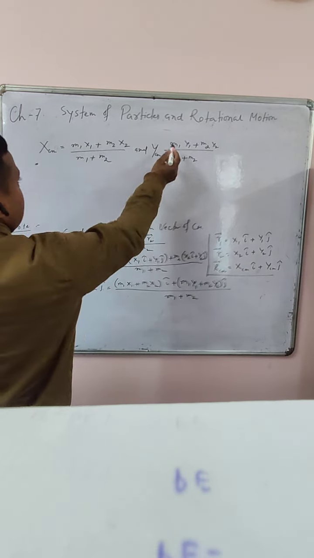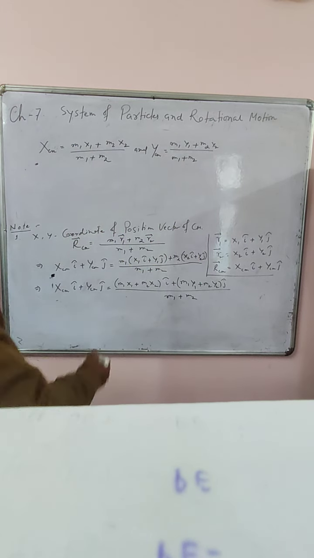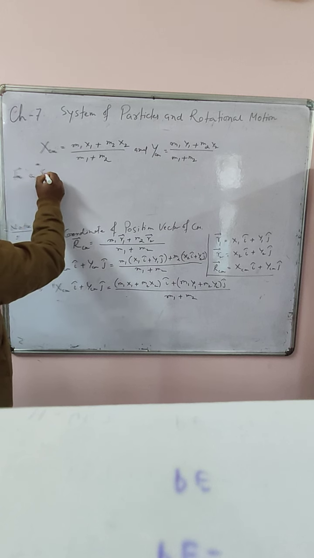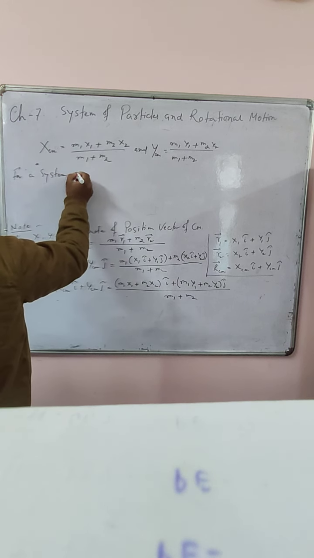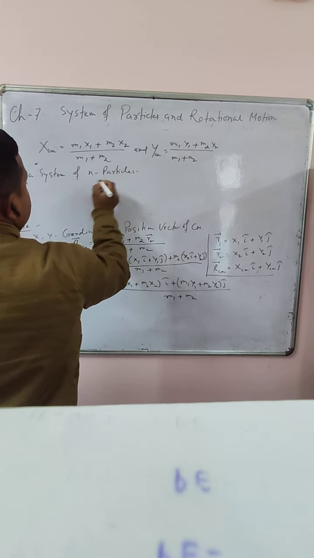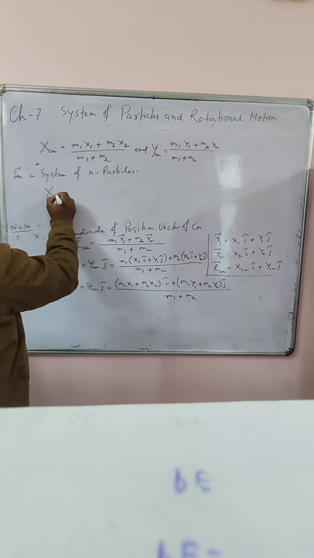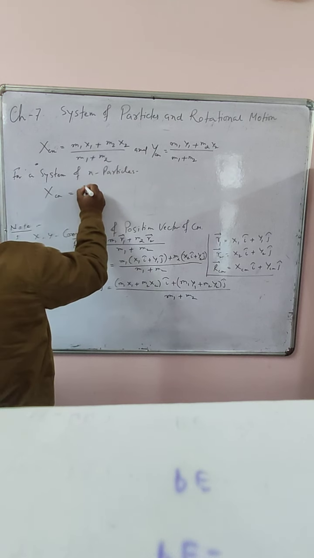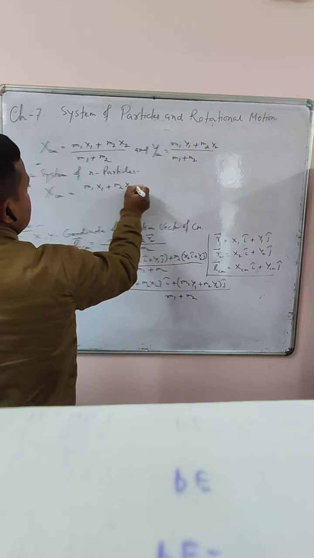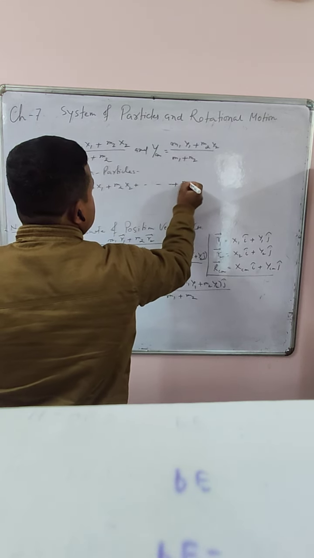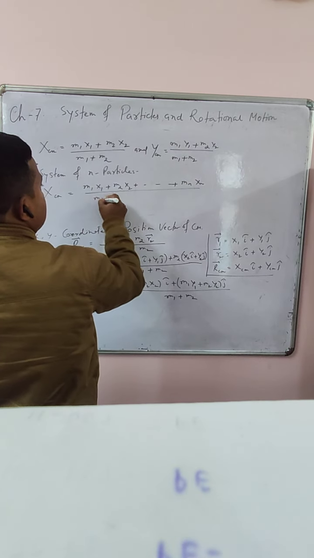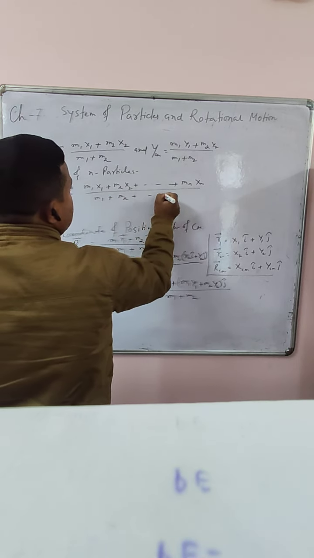Now this one also you can extend for n particles. Similar form. So for a system of n particles, your xcm, it will be what? Just extending up to n particles: m1 x1 plus m2 x2 up to mn xn by m1 plus m2 up to mn.